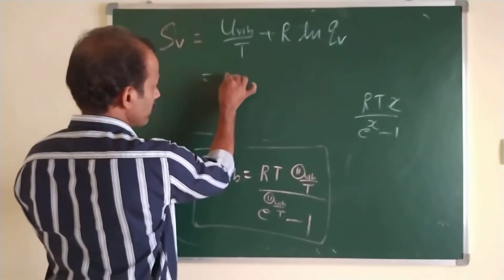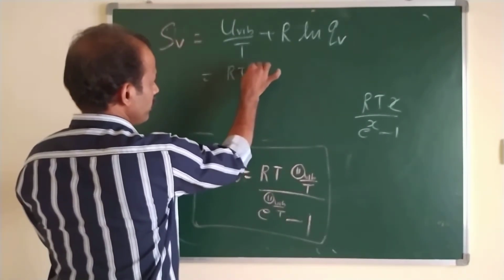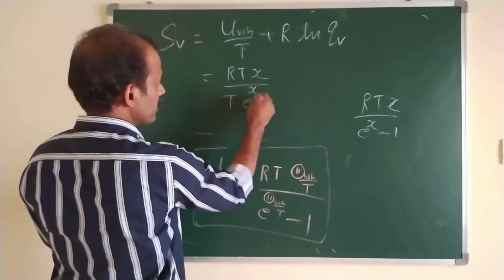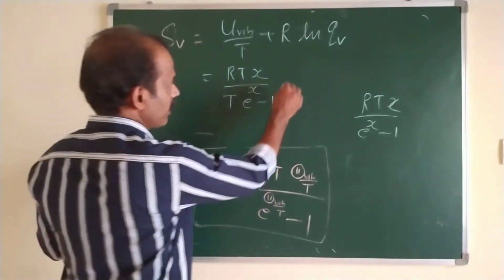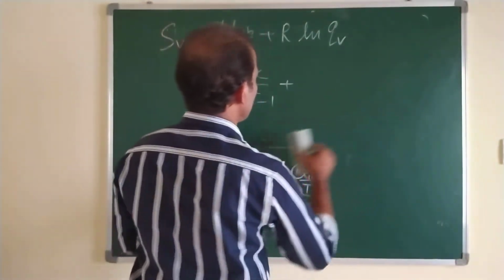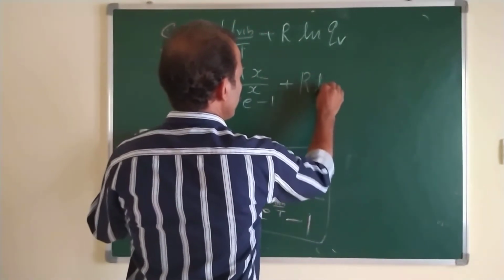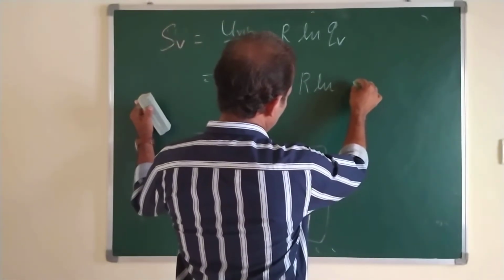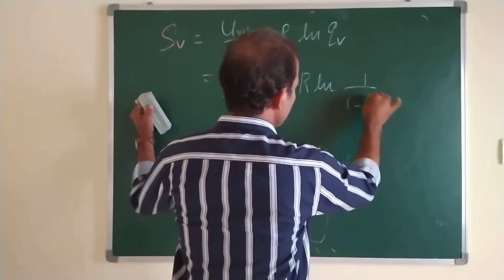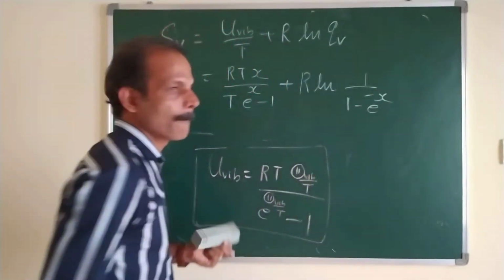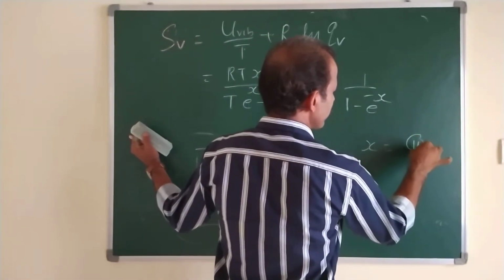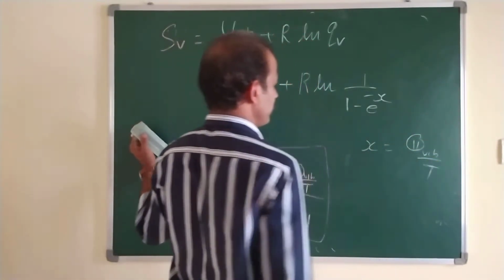So this equation will become RTx by T into e raised to x minus 1 plus R ln 1 by 1 minus e raised to minus x, where x is equal to theta vibration by T.